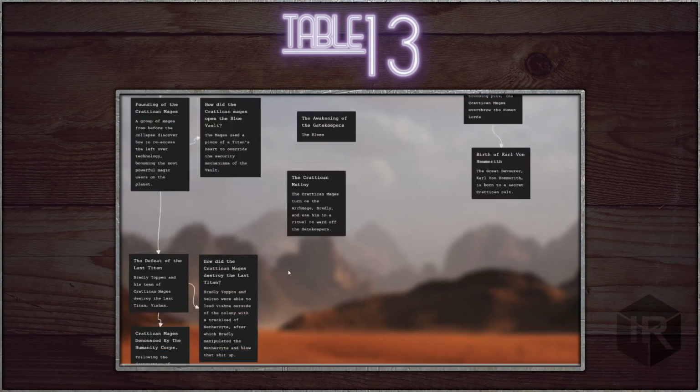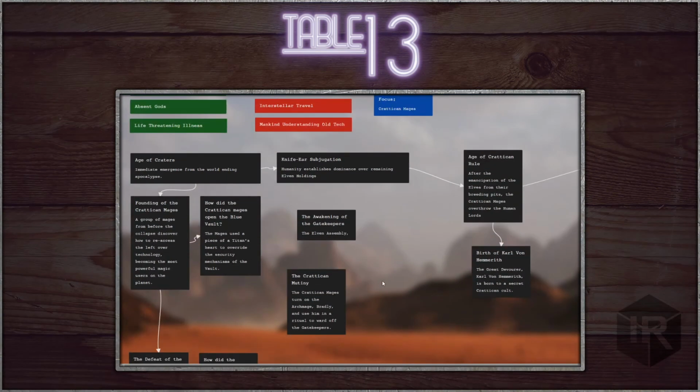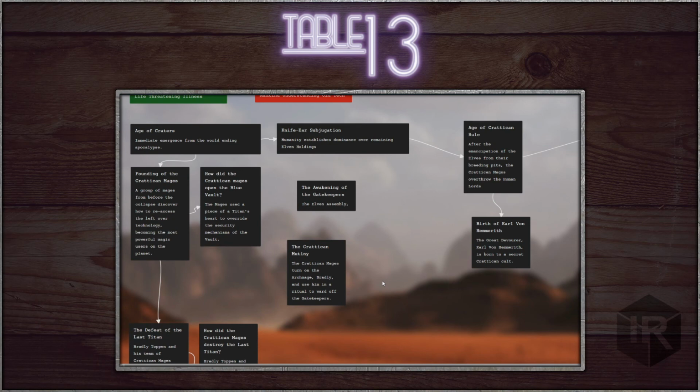The Elven Assembly, the remnants of the Humanity Core of Elven Heritage, seek out and activate Titans that were dormant before.